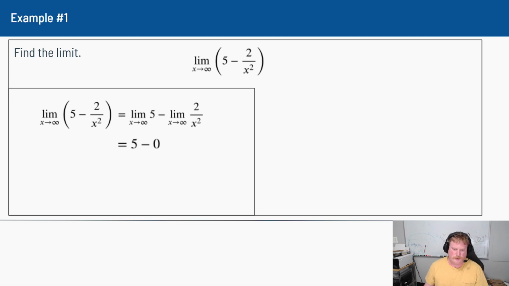So the limit as x approaches infinity is 5. The function 2 over x squared is a rational function. The denominator has the largest degree. So the limit as x approaches infinity should approach whatever horizontal asymptote that rational function has. And in this case, that's y equals 0. Simplifying, we get an answer of 5 for this limit.